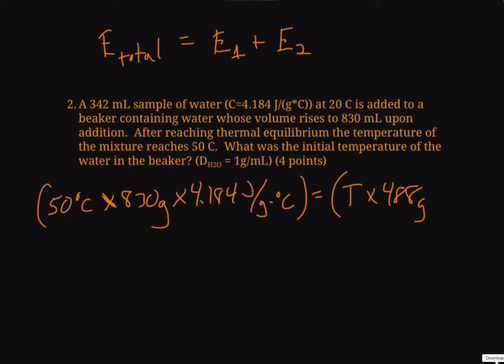The amount that was added was 342, so the difference between those, what had to be there to begin with, was the 488, and that's times 4.184, the specific heat of water, and that's plus sample 2, which was at 20 degrees Celsius, 342 grams, and the same specific heat of 4.184.